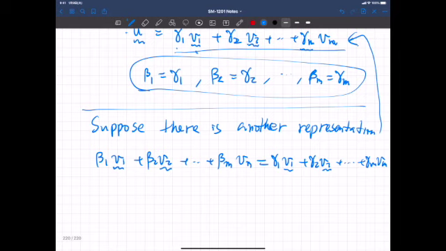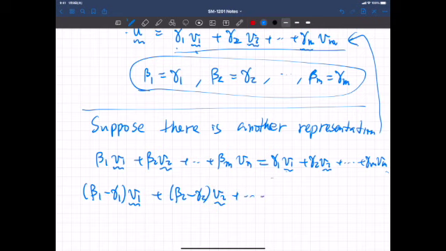Moving everything on the right hand side to the left hand side and factorizing by the vectors, we have beta 1 minus gamma 1 times v1 and beta 2 minus gamma 2 v2 and so on, and beta m minus gamma m vm.